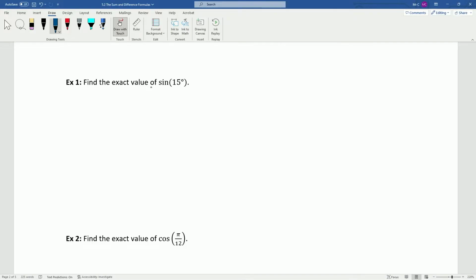So for example, if I want to find the value of sine of 15 degrees, I can notice that I know values for trig functions of 45 degrees and 30 degrees. And 45 degrees minus 30 degrees is 15 degrees. So that means I can rewrite sine of 15 degrees as sine of 45 minus 30 degrees.